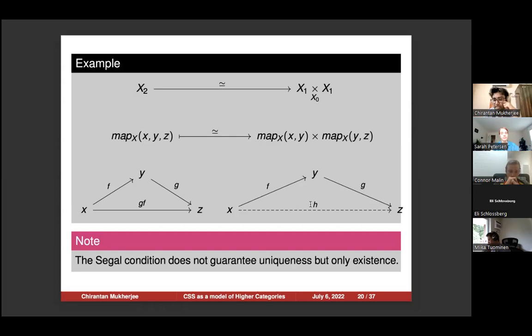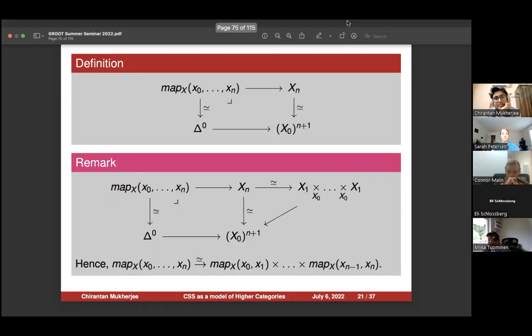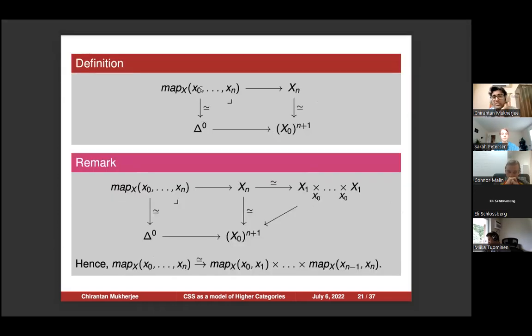That is, using the Segal condition, I cannot say that I can write H as G of F. So to do so, we define a mapping space as follows: if I have n plus 1 coordinates, x_0 to x_n, then the mapping space of x_0 to x_n can be written as a homotopy pullback diagram, where the mapping space sits inside X_n, and I have a fibration from X_n to X_0^{n+1}, which is the product of n plus 1 copies of X_0, and this is a contractible space which goes to Δ^0.